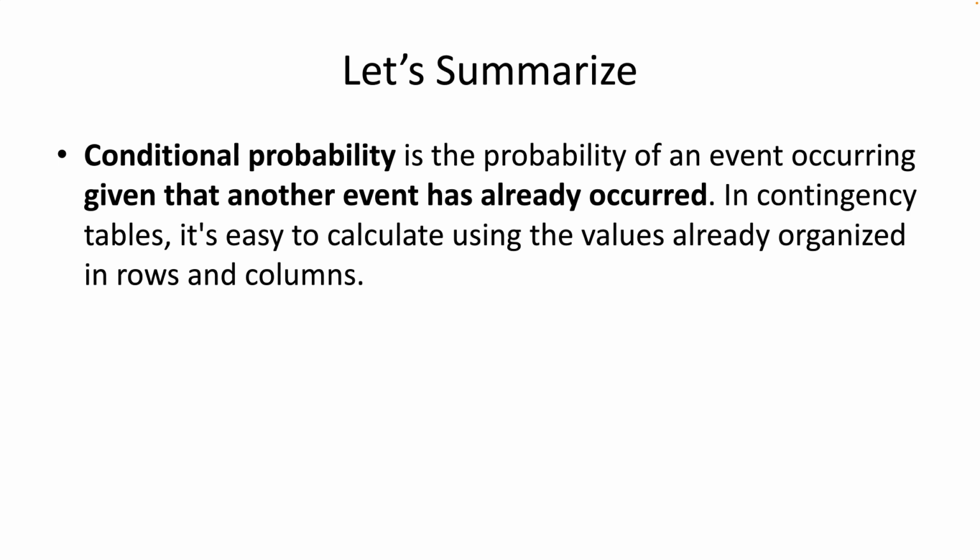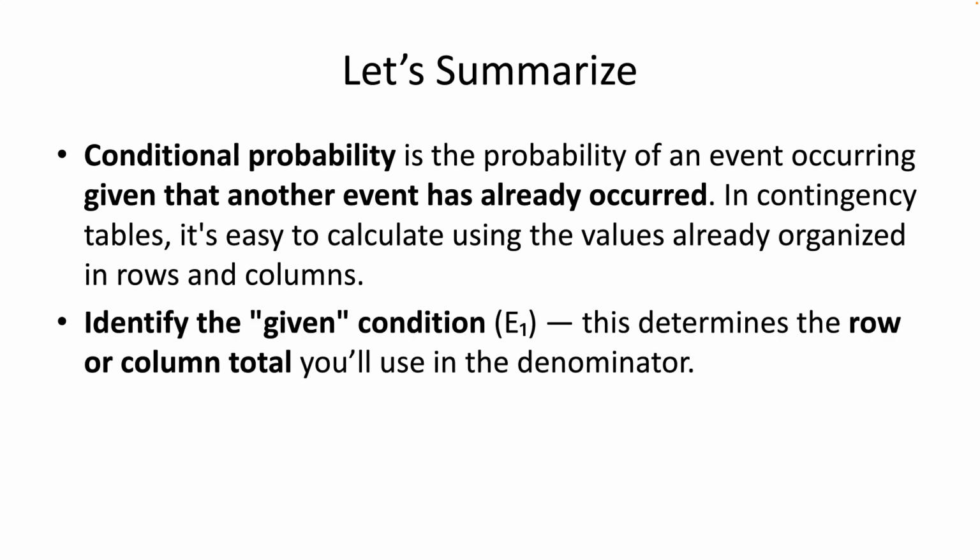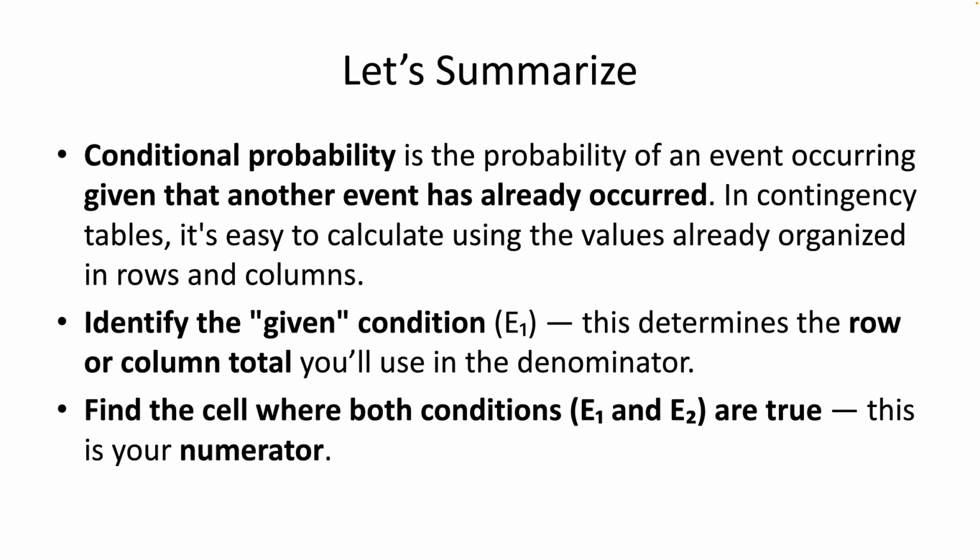Here are a couple tips to remember. Identify the given condition or event 1. This determines the row or column total you'll use in the denominator. Then find the cell where both conditions E1 and E2 are true. This is your numerator. Divide the two, and that will be your probability.